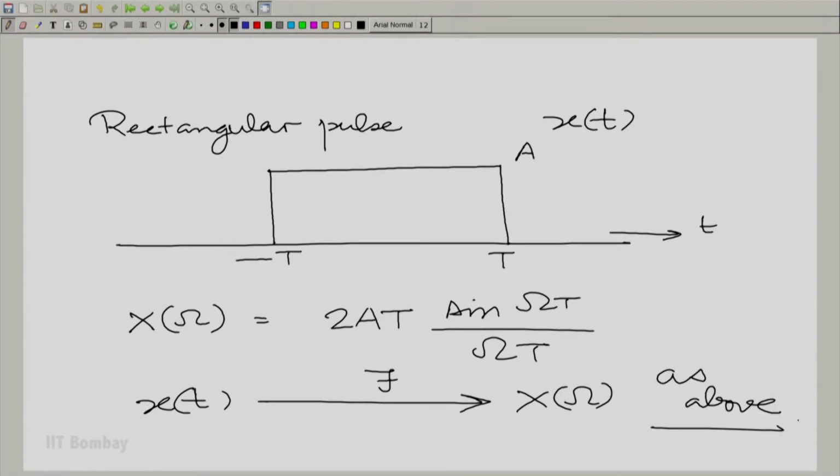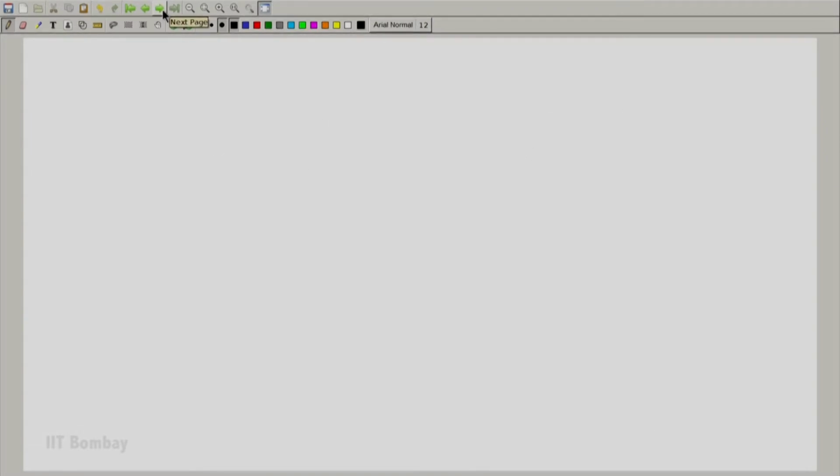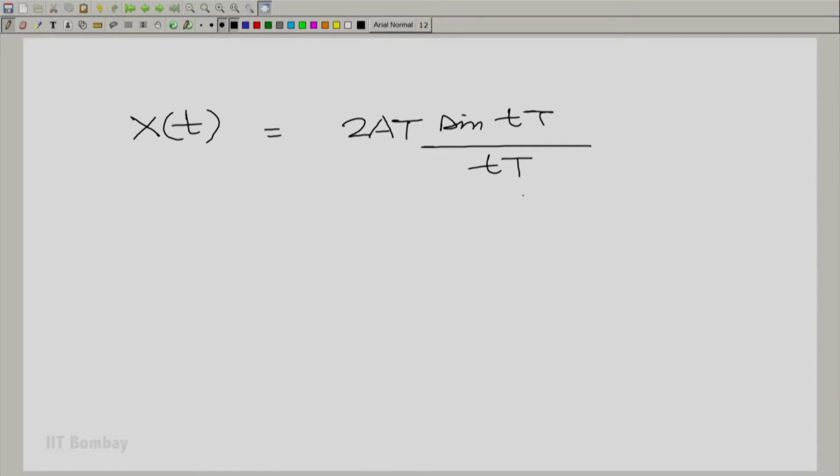Now, let us invoke duality, and in doing so let us write down what capital X of t would look like: 2aT, of course, as usual, sin(tT) by tT.